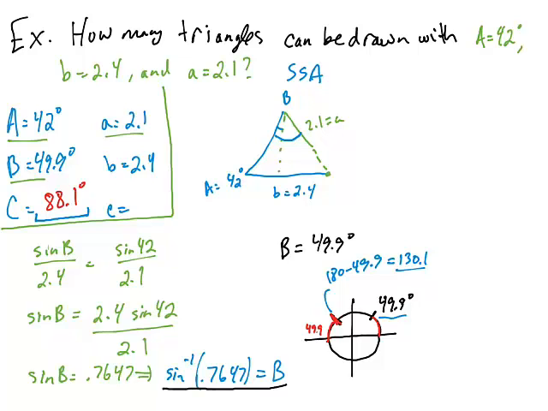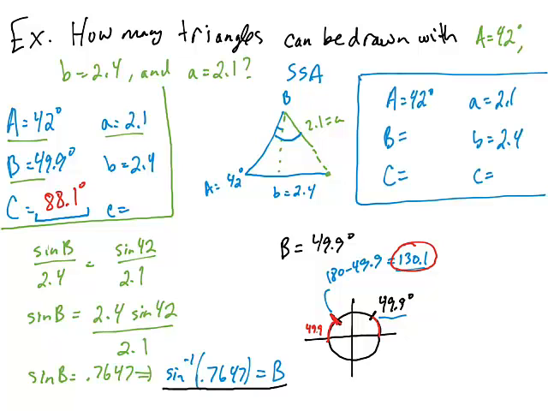Now, it appears that we have a second angle that would create a second triangle here. So I'm going to write out the table of values again, and I just filled in what is known. It looks like that 130.1 could also be a different value for angle B. So 130.1.